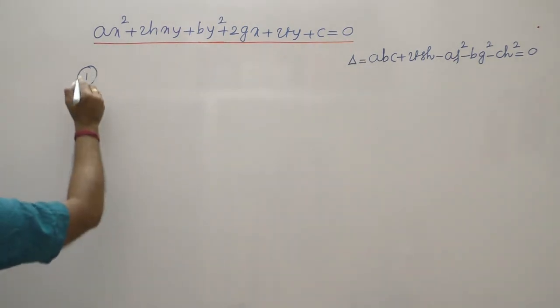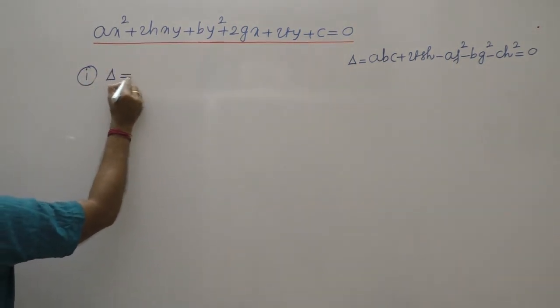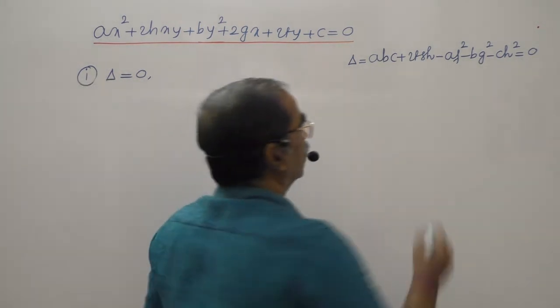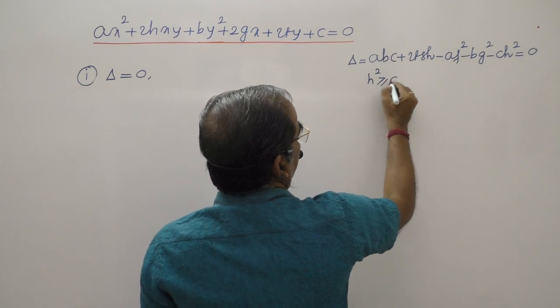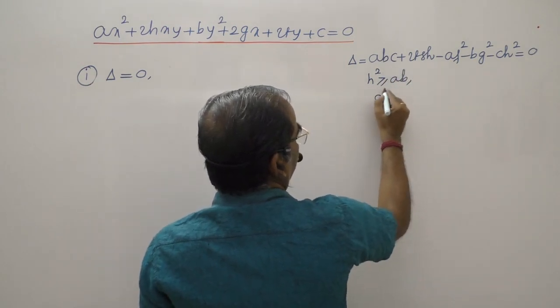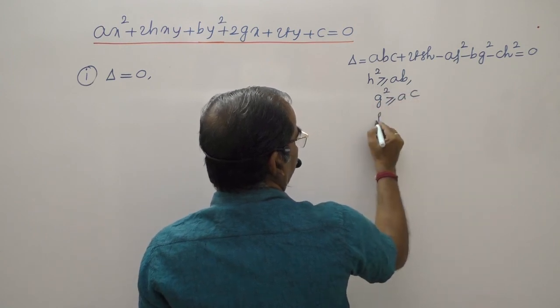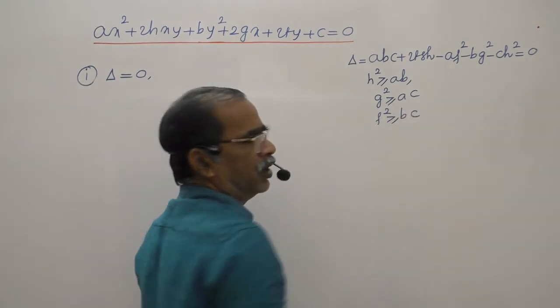Okay, number one, firstly, if delta is equal to 0, along with this condition, there are some other conditions for a pair of lines: H square greater than or equal to AB, G square greater than or equal to AC, F square greater than or equal to BC.